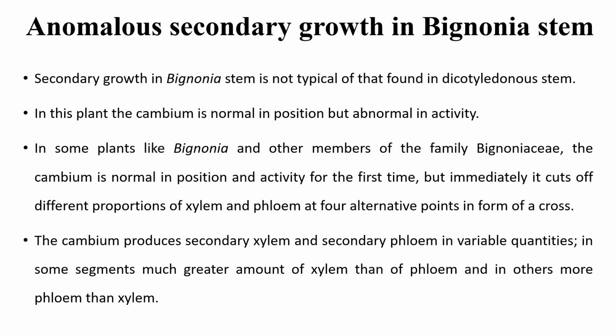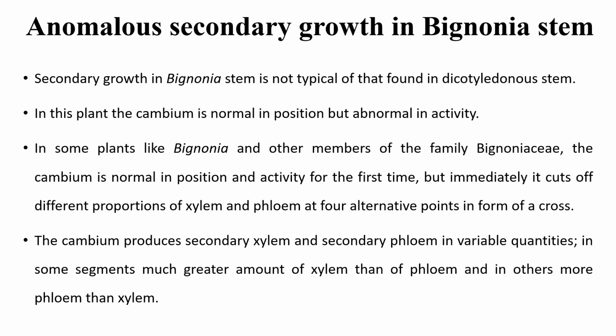Then the anomalous secondary growth seen in Bignonia stem. So secondary growth in Bignonia stem is not typical of that found in dicot stem. So it is not a typical stem. It shows some deviations. In this plant, the cambium is in normal position but shows abnormal activity.